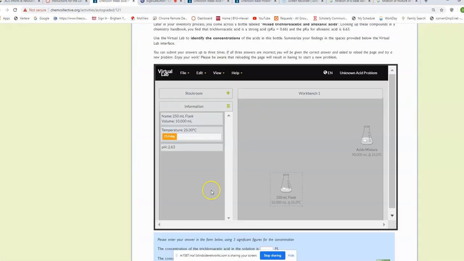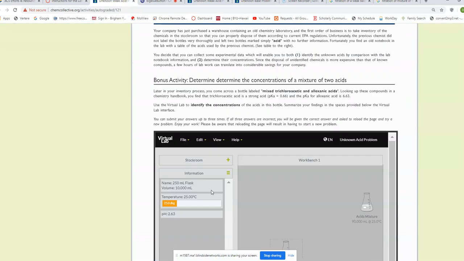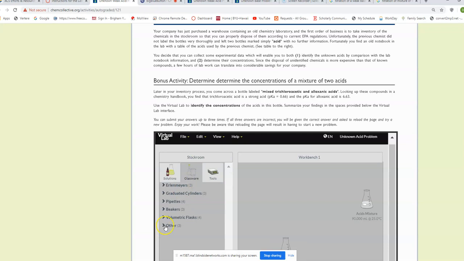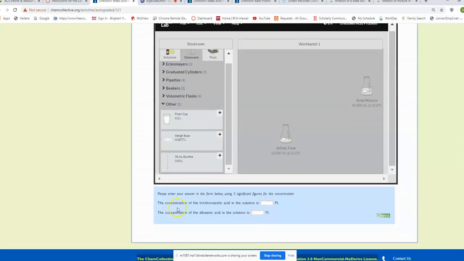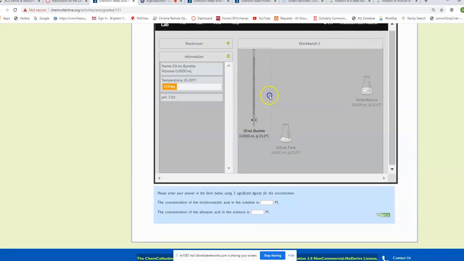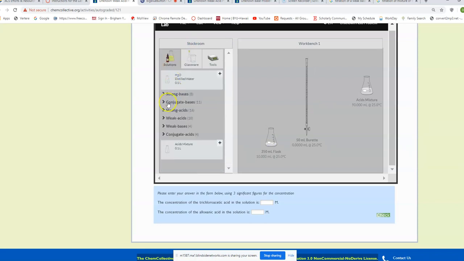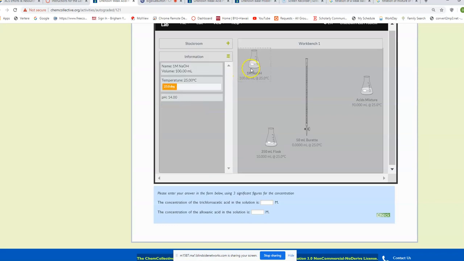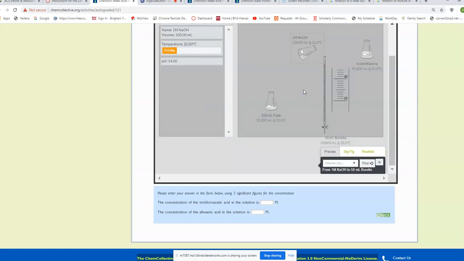So let's just give this a shot and see what it looks like. So I have 10 mL of my acid mixture there. I'm also going to get a strong base. I think I'll start with the 0.1, well, last time I did this, the concentration was kind of high.